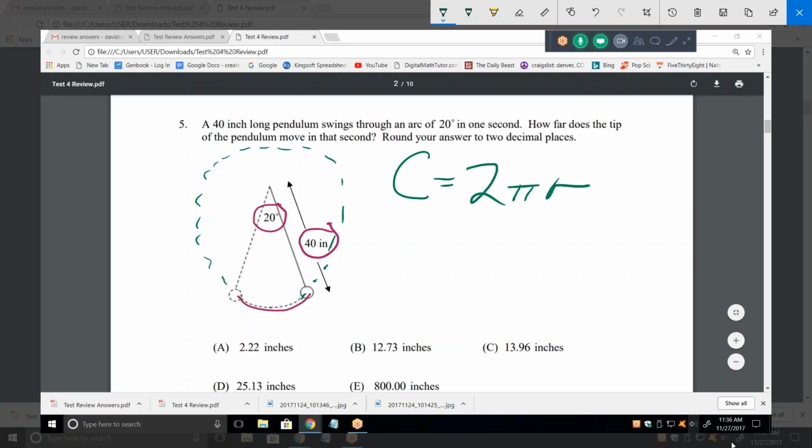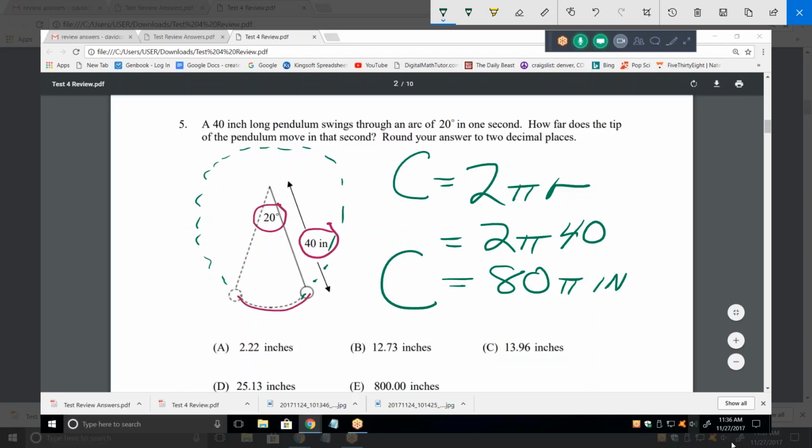Okay. Now, what is that? We have everything here. What's the radius? 40. It's 80 pi inches is the circumference of that full green circle. Now, what part of the green circle are we looking at? Just that 20-degree part. So what portion of this circumference do I take?